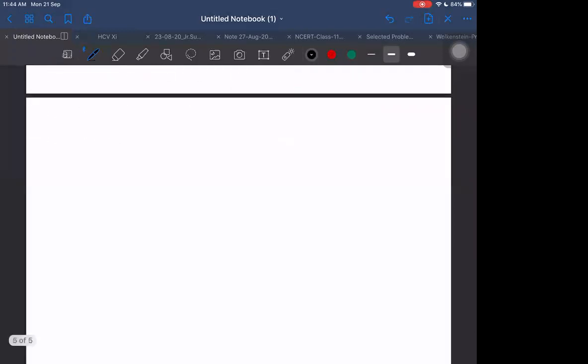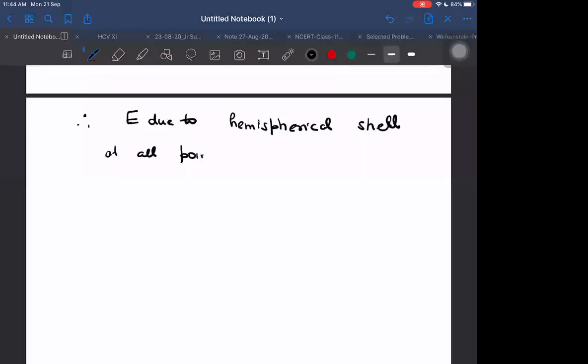So we should remember this: the field due to a uniform shell at all points inside the shell will be equal to 0. Very important point.